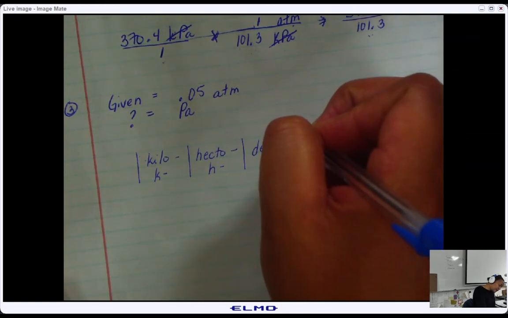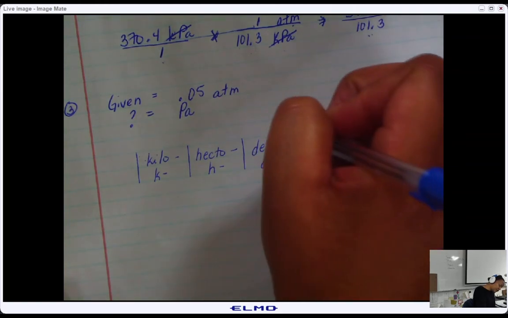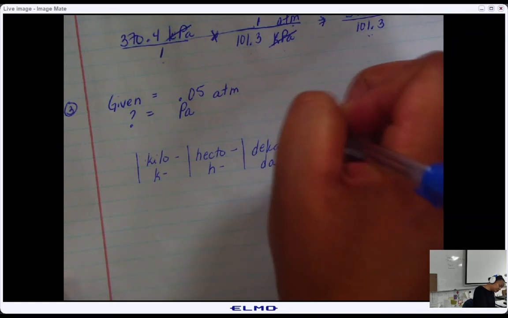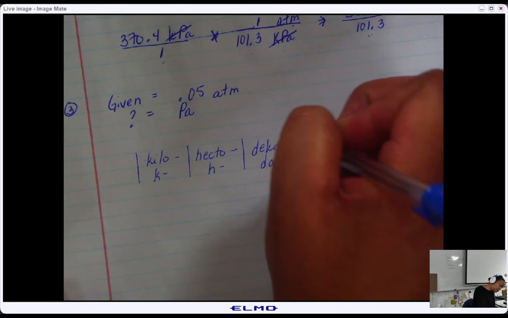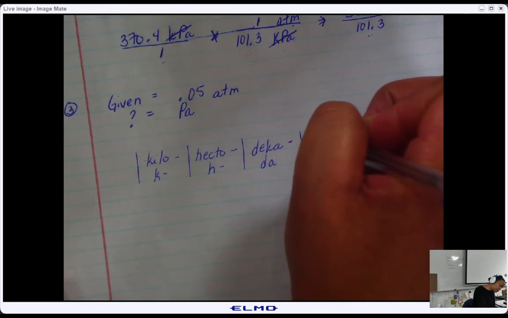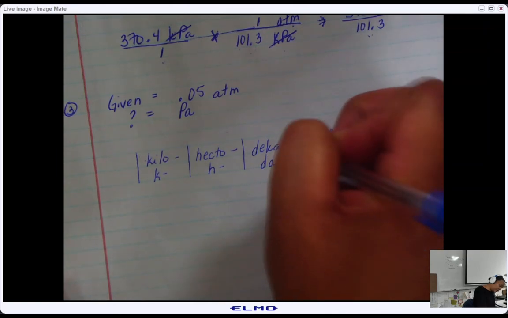And then you have your root word, which is going to be meter, liter, that's an L, and gram.